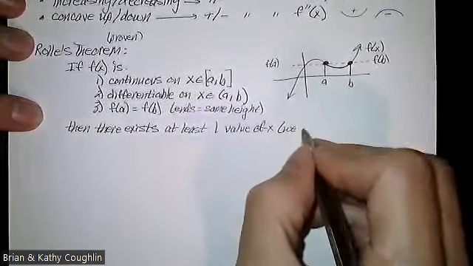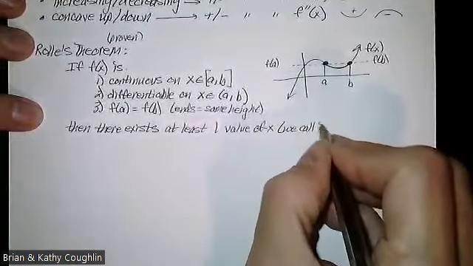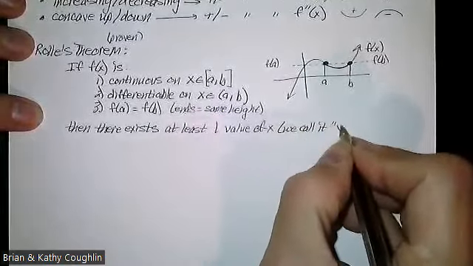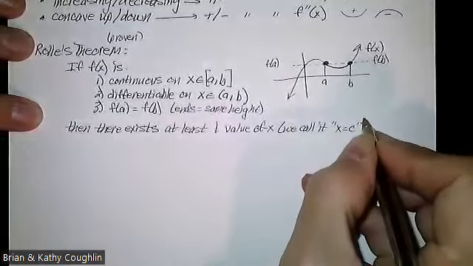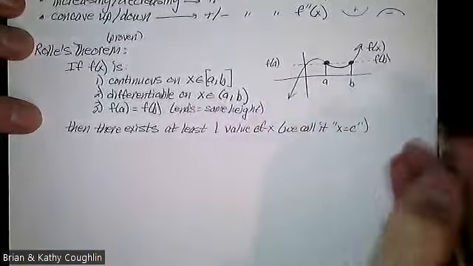We call it x equals c, for some random letter; we already used a and b, so I figured I'd use c.